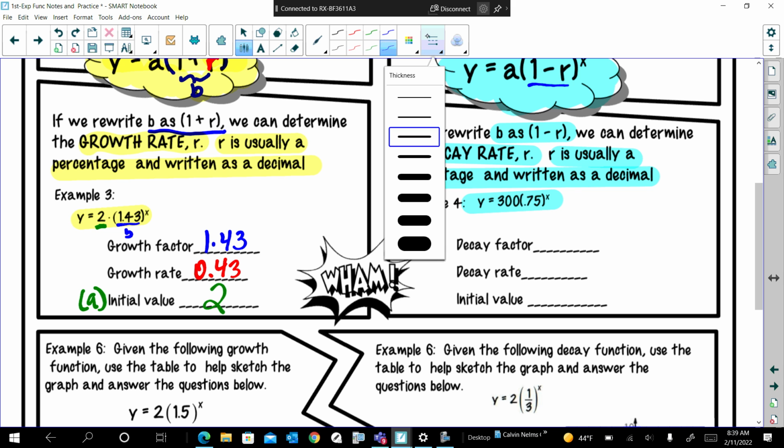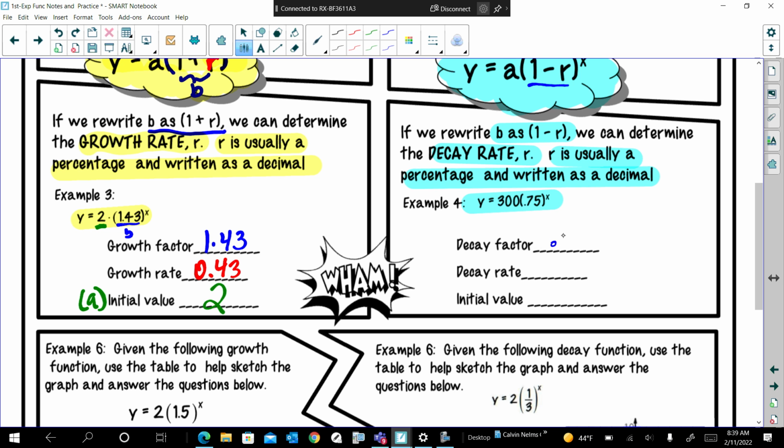Our decay factor is 0.75. What is the decay rate? Remember, we're thinking about the r.